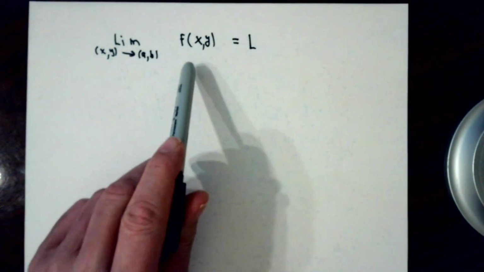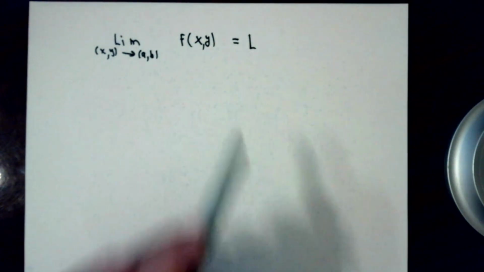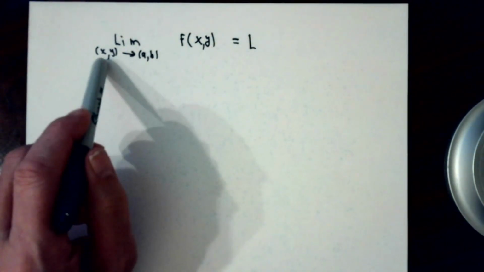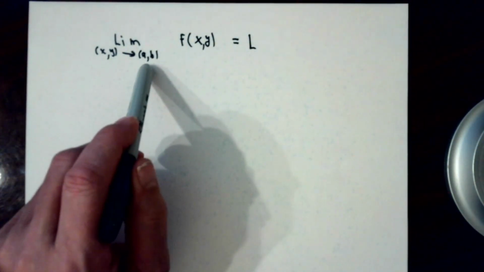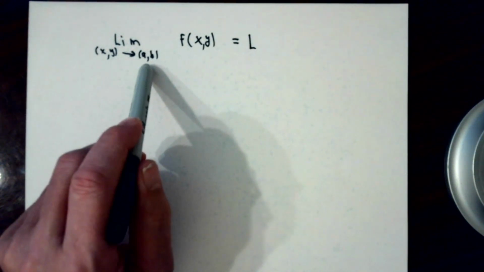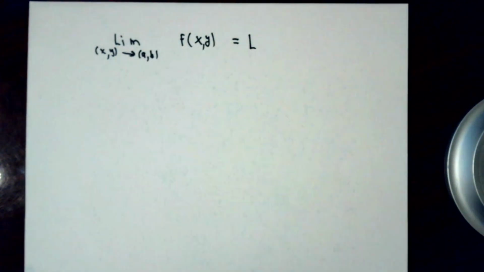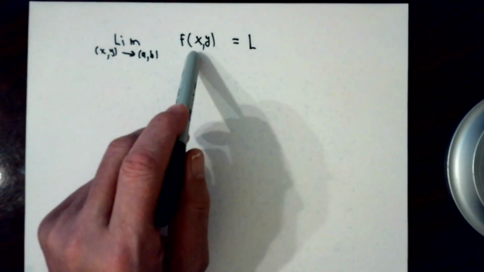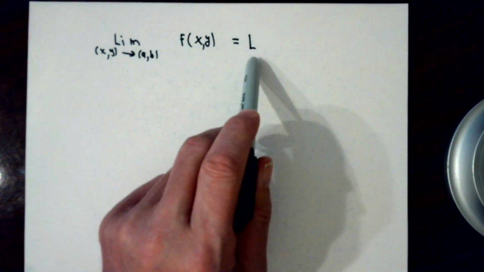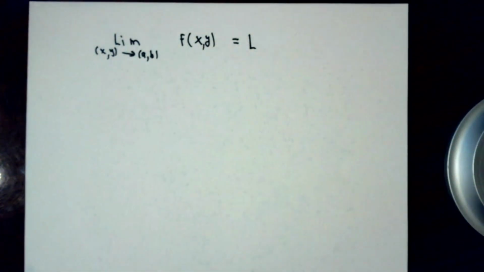This statement means this: by making xy sufficiently close to but not equal to ab, I want to guarantee that the function values are close to L. So you see, except for the context, it's the same thing that we had before.